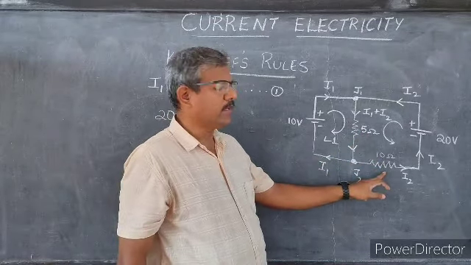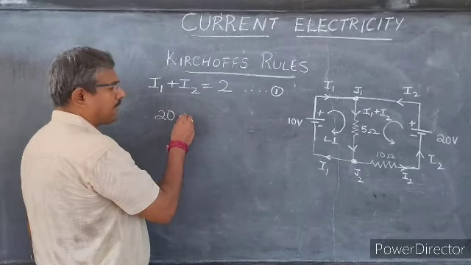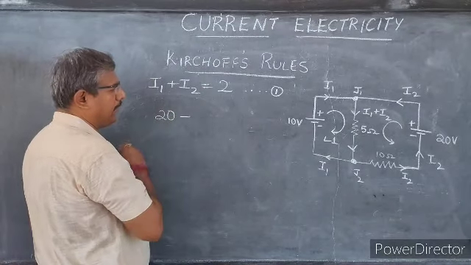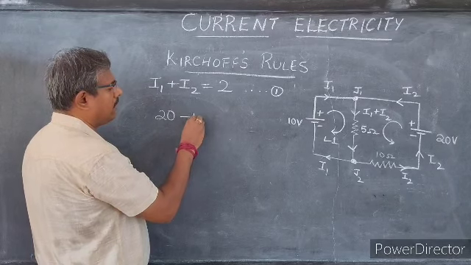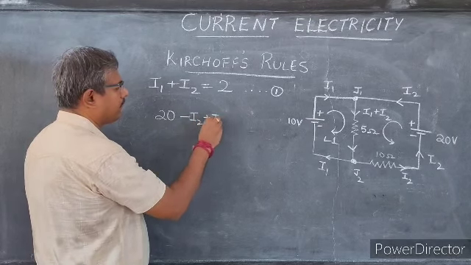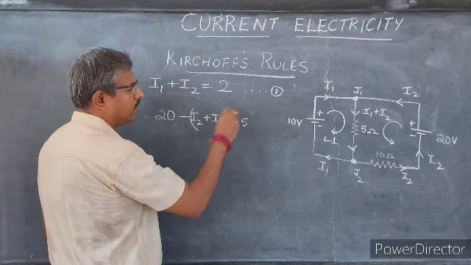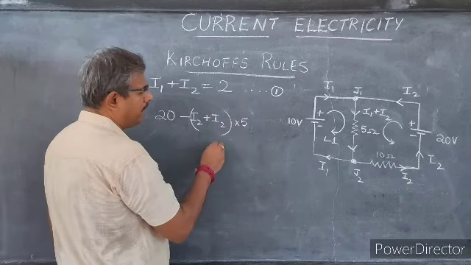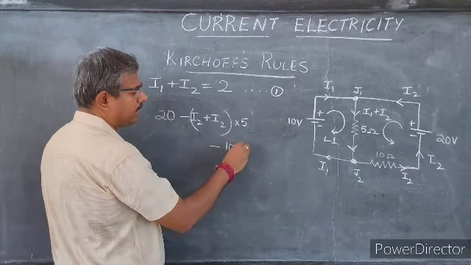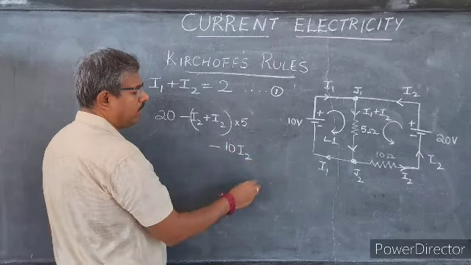Across the 5 ohm resistor, I have current I1 plus I2 flowing, and across the 10 ohm resistor, it's only current I2 that's flowing. So again the algebraic sum should be equal to 0, so I take minus (I1 plus I2) in brackets multiplied by 5, minus 10 into I2, and this should be equal to 0.